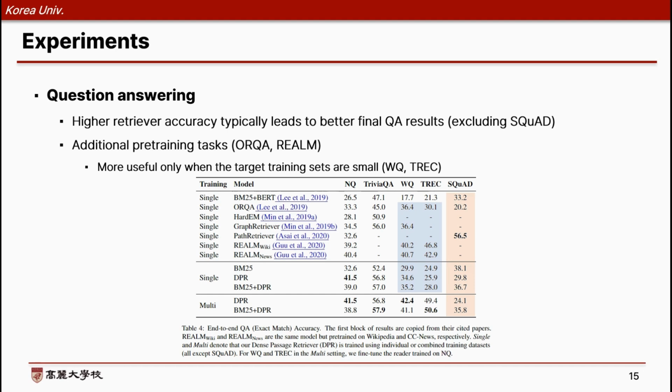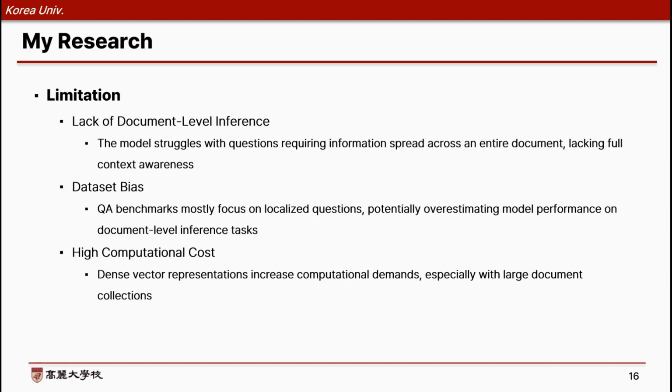In addition, both ORQA and REALM had additional pre-training tasks, whereas ODQA using the DPR retriever in this paper derives better performance in NQ and TriviaQA using only QA pairs.